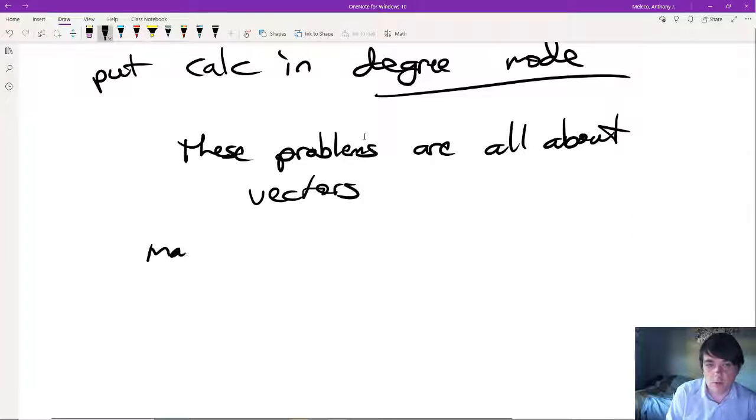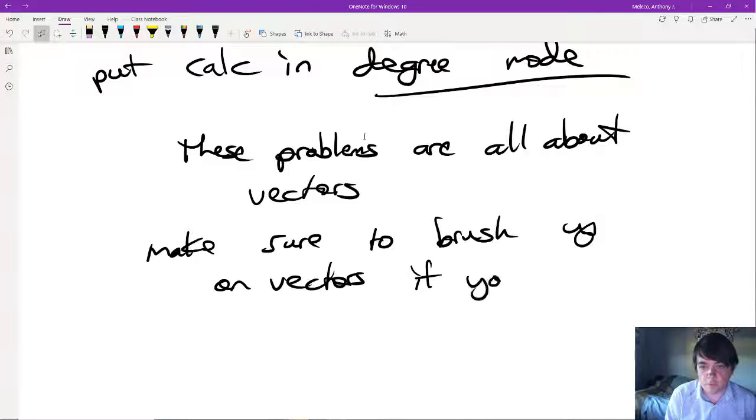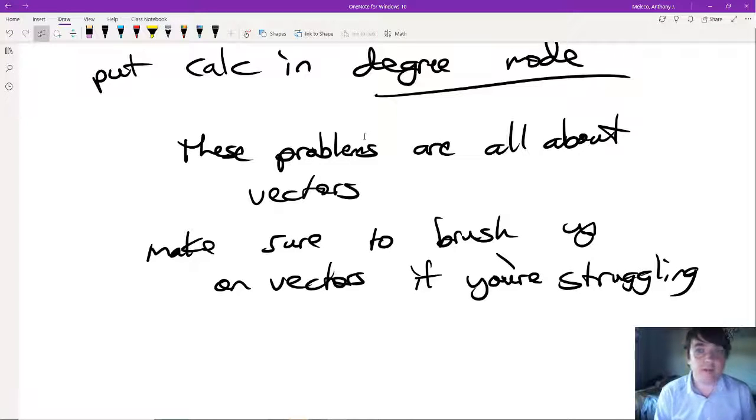Make sure to brush up on vectors if you're struggling. And there's some vector stuff to help you catch up on that if you haven't had Physics 1 in a while, or something like that, okay?